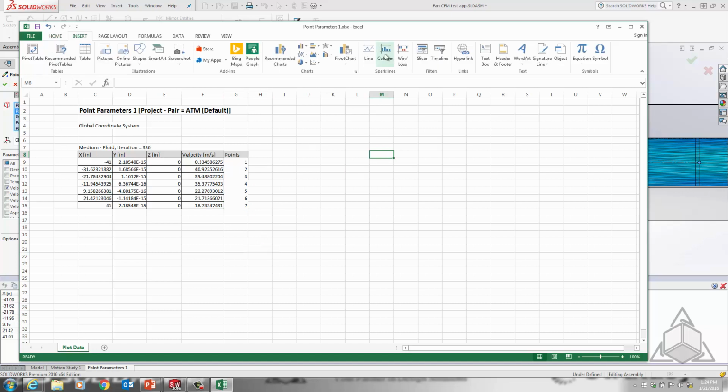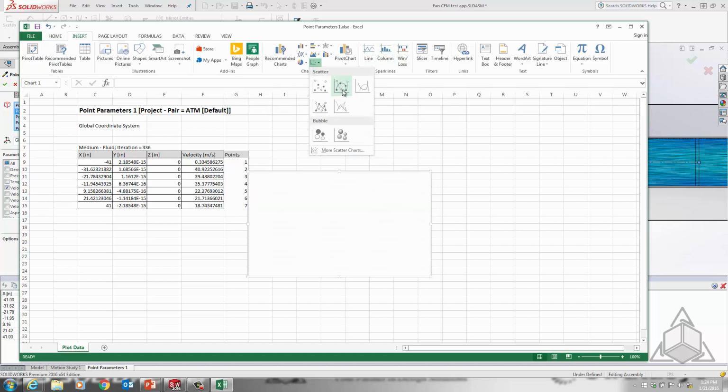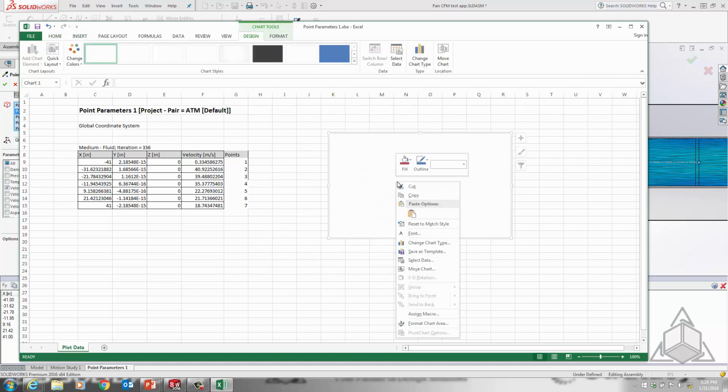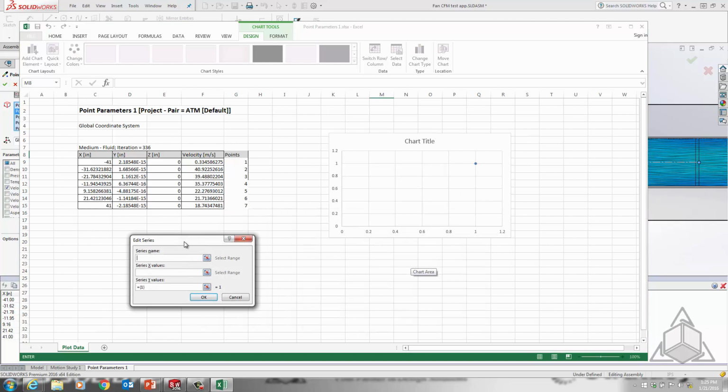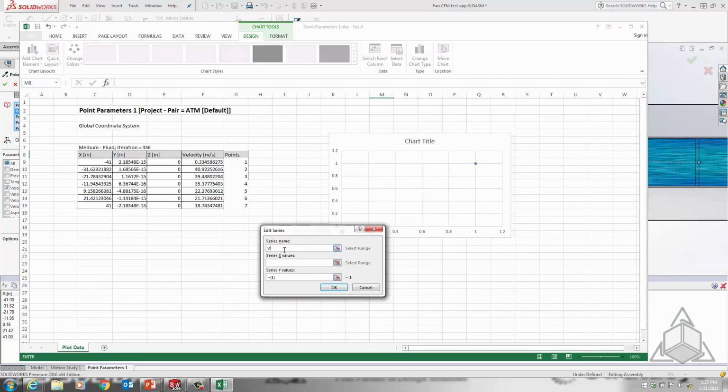So we'll say insert a line chart. I'm going to say select the data. This is meters per second. For my x values, it's going to be the velocities. No, actually it's going to be the points.